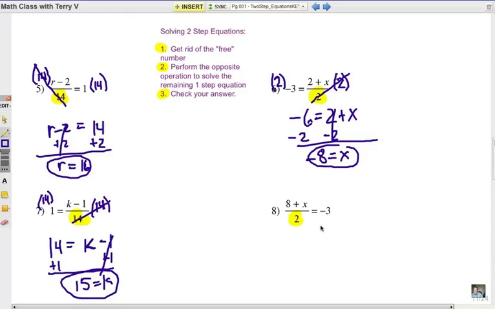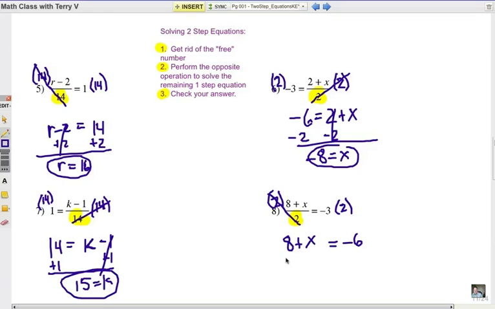So the 2 has been identified as the free number here. Let's go ahead and multiply each side by the 2. And that cancels it out over there, and I have -3 times 2 on the right. So -6 is the result on the right, and on the left I just dropped down what I have already, 8 plus x.